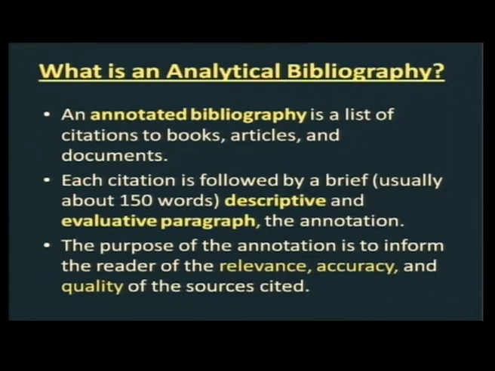The moment he reads that particular paragraph, it is extremely important for him to understand the gist of that article. So, an annotated bibliography is an extremely important, handy reference tool for any researcher or individual.